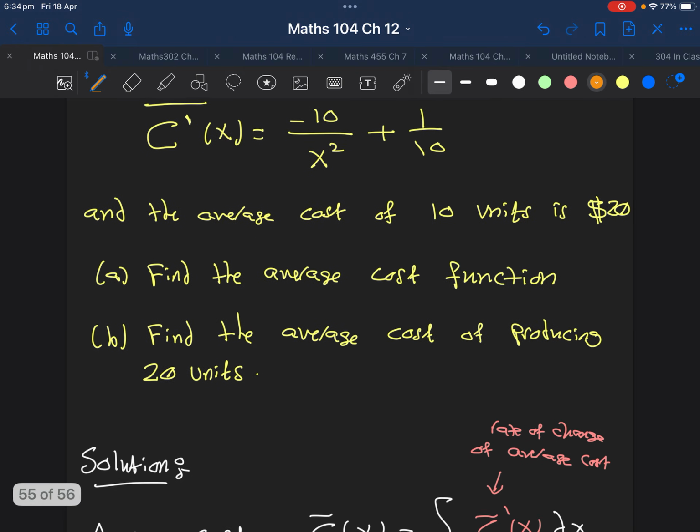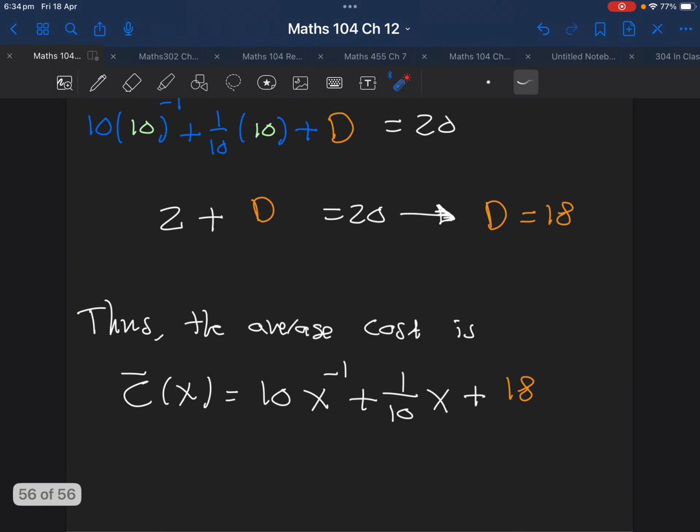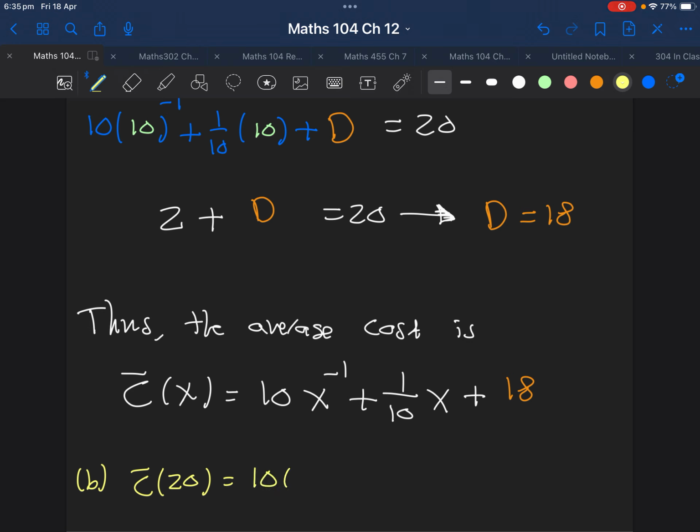Of course, in the question, I've also been asked to find the average cost when x is 20. So all you need to do, part B, is just plug in 20 here. So it would be 10 times 20 to the negative 1, plus 1 over 10 times 20, plus 18.